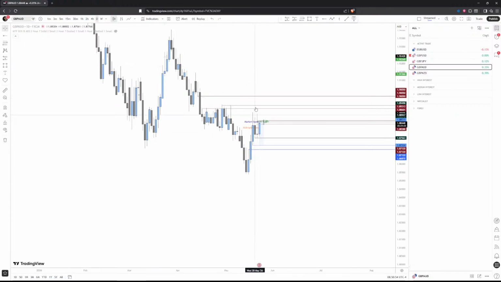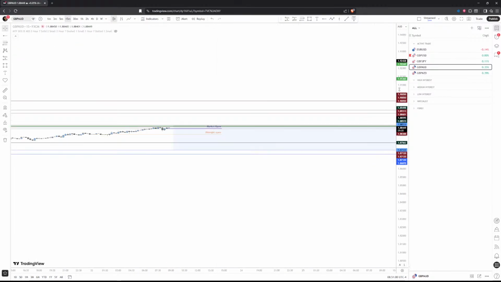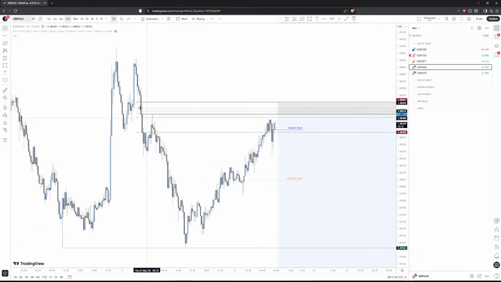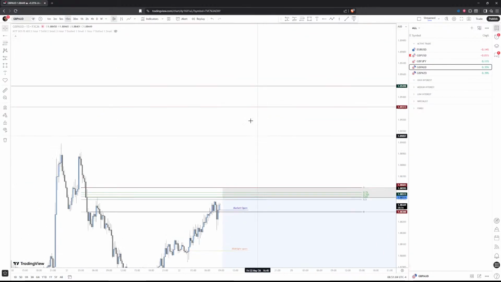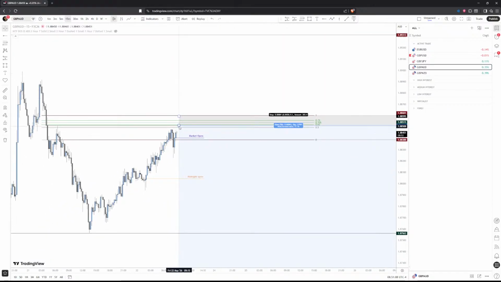Obviously, the bullish candles could all be part of the reversal or retracement. At the same time, we can't ignore the fact. I would have preferred for price to be reversing rather than at this fair value gap, but at this fair value gap here. Nevertheless, this is the idea that we have.